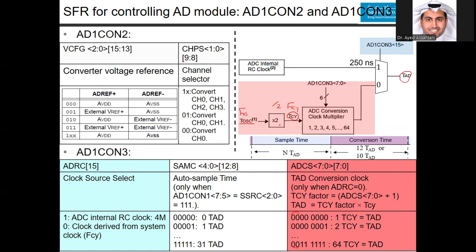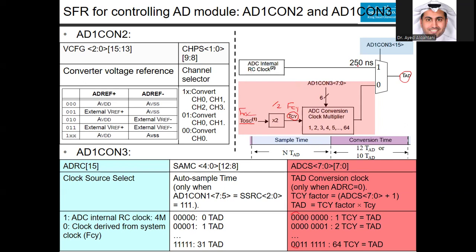Now that's the first option. And we said that this comes actually from the oscillator module, since you get the FOSC from the oscillator module. That's one choice. And the easiest and the most reliable choice is the ADC internal RC clock that is inside the analog to digital converter.